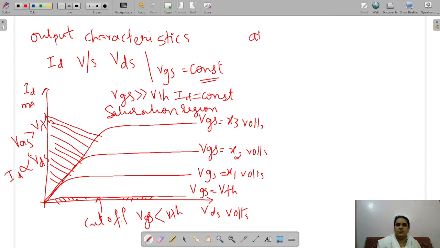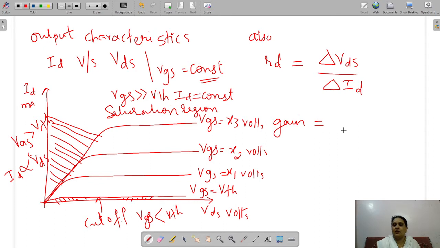Then we also obtained the output drain resistance and the gain of the MOSFET, which helps in amplification. So what is the output resistance? It is the change in the output voltage divided by the change in the output current. What is gain?